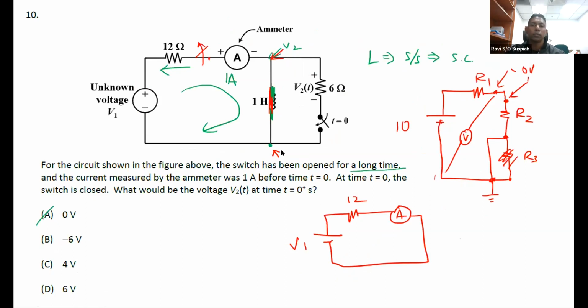This is similar to our tutorial question. If you remember, we said that the current through the inductor cannot change instantaneously, correct?